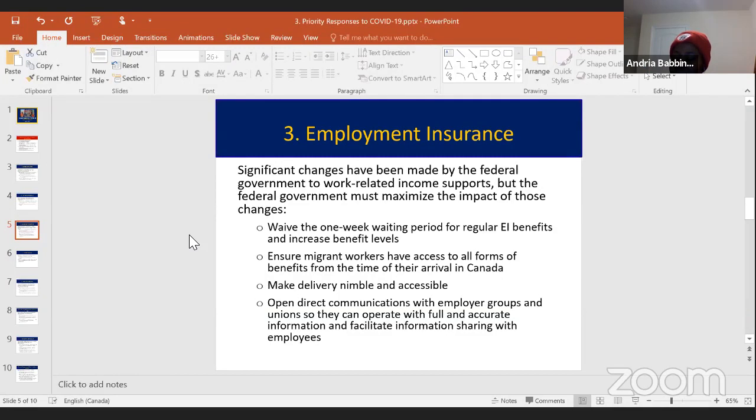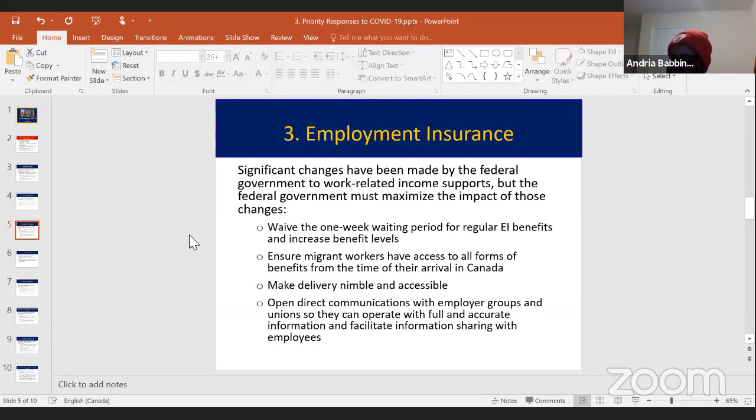Unemployment insurance. Significant changes have been proposed by the federal government to the EI system and supplementary supports for those who do not qualify. However, government must undertake the following steps in order to minimize the impact of the changes.